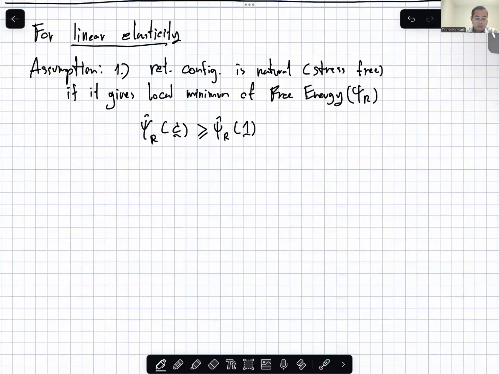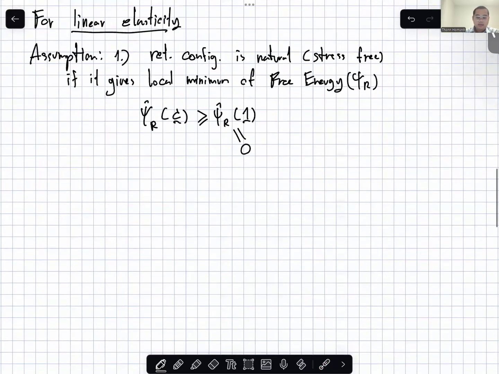We define this one to be 0. This is the least free energy, but we also state that it gives a local minimum of free energy.